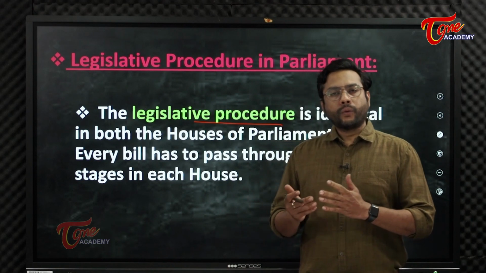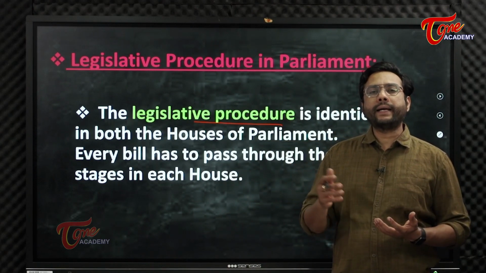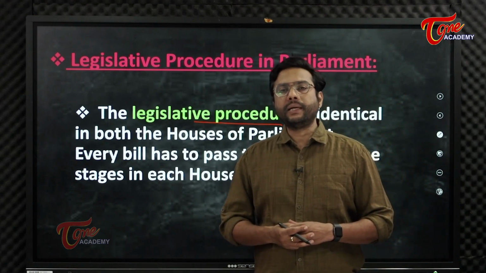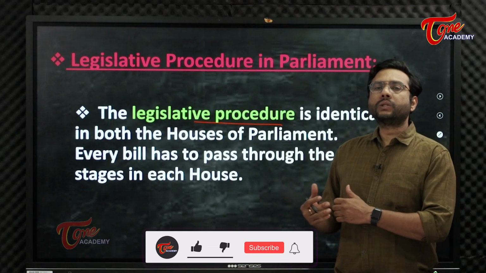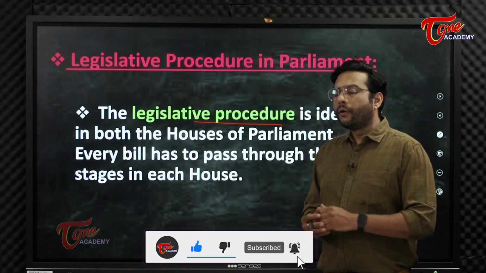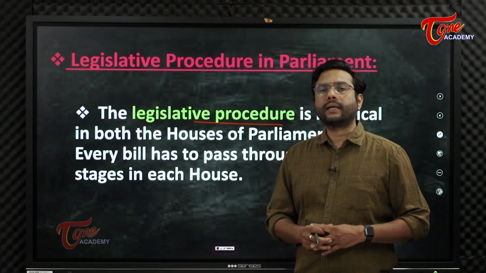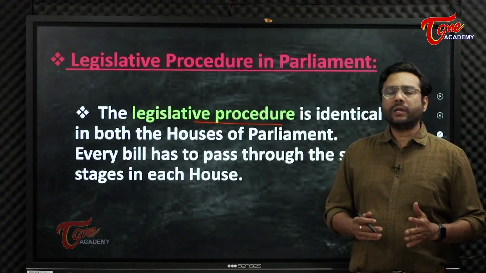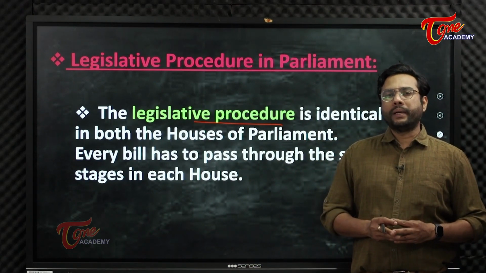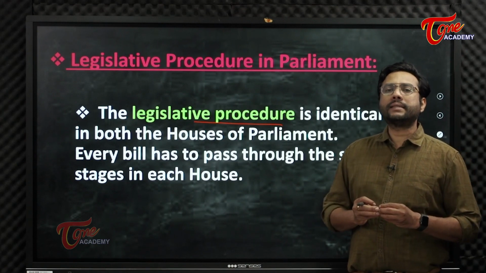For other ordinary bills, both Lok Sabha and Rajya Sabha have similar powers. We'll discuss that when we classify the bills, and based on that classification, we also distinguish the powers of both Lok Sabha and Rajya Sabha. But in general, for any ordinary bill, the legislative process is similar.